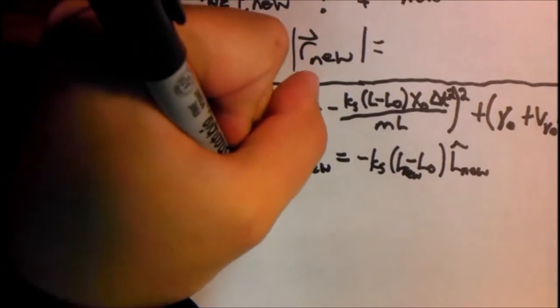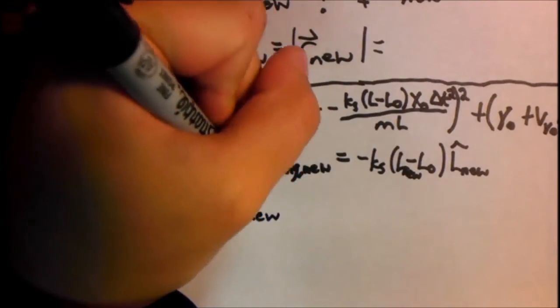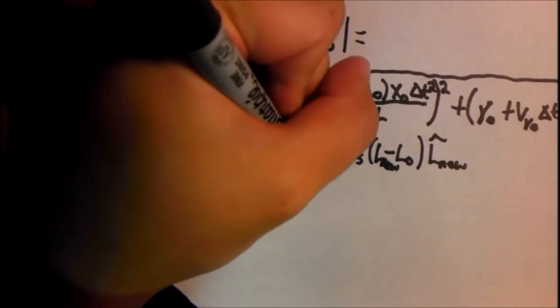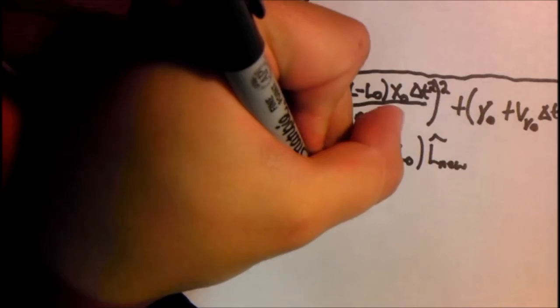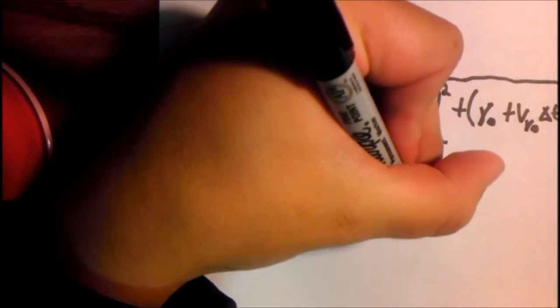So L new hat is going to equal r new over the magnitude of r new, which is also equal to r new over L new.